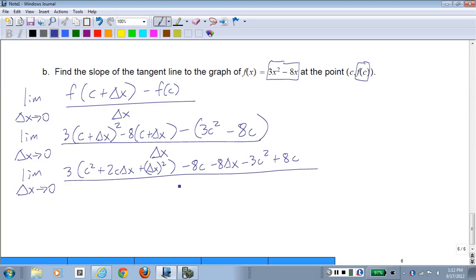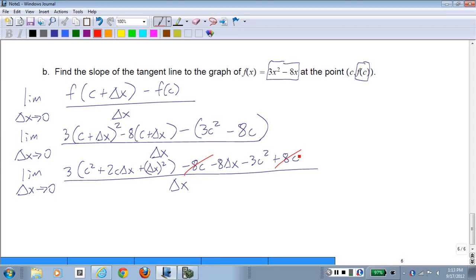Distributing that minus across the parentheses. The potential for some cancellation, actually some actual cancellation, the minus 8c and the plus 8c. We can go ahead and cancel those. That's good.